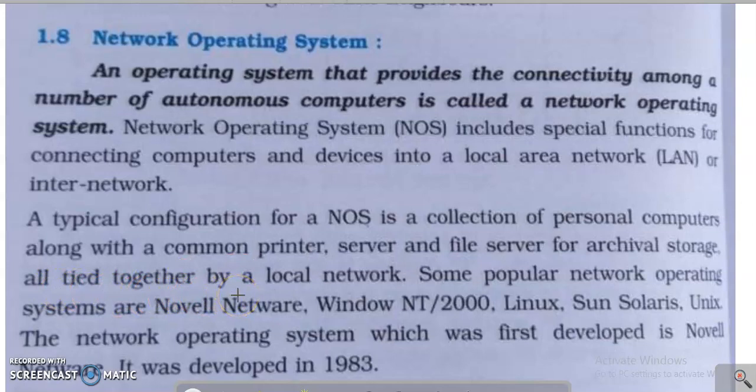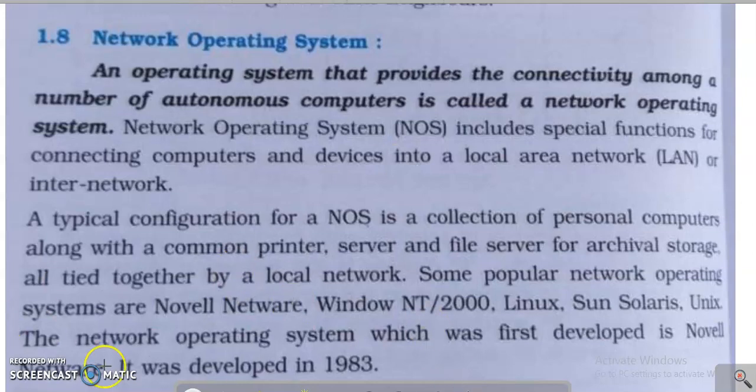So in a network, what we have is a common printer, a server or a file server, and then a storage device where all the node computers can save their work, and one server is taking control of all those nodes in a workstation. So we need a powerful network operating system in such kind of servers.